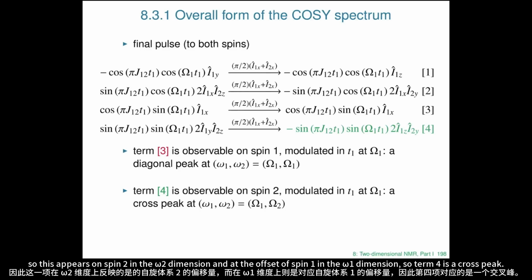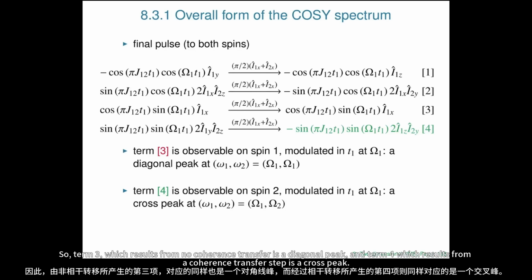So this appears on spin 2 in the omega 2 dimension, and at the offset of spin 1 in the omega 1 dimension. So term 4 is a cross peak. Right? So term 3, which results from no coherence transfer, is a diagonal peak, and term 4, which results from a coherence transfer step, is a cross peak.